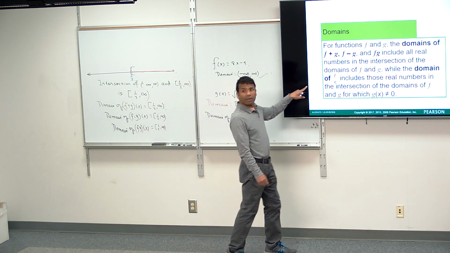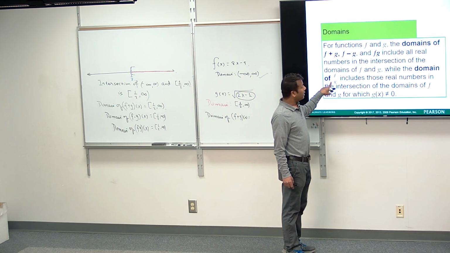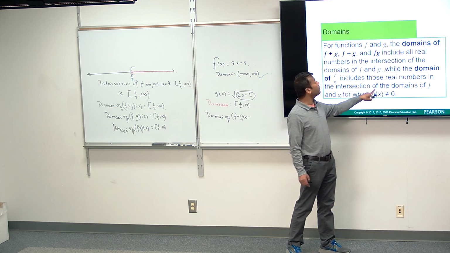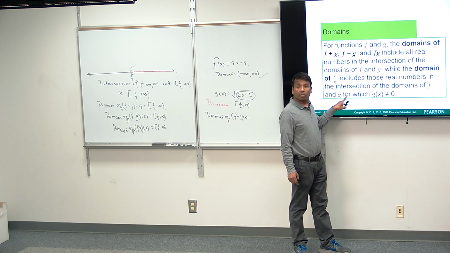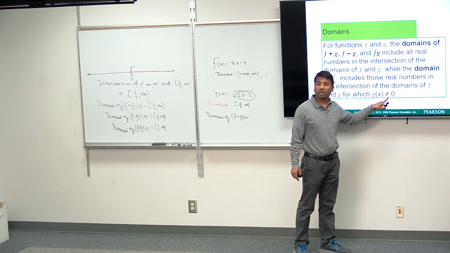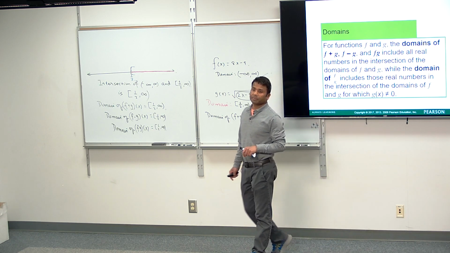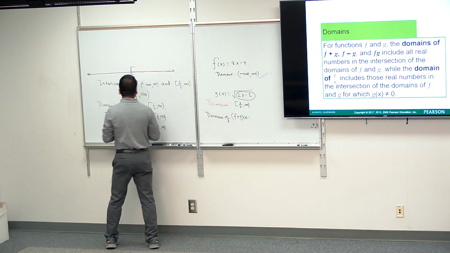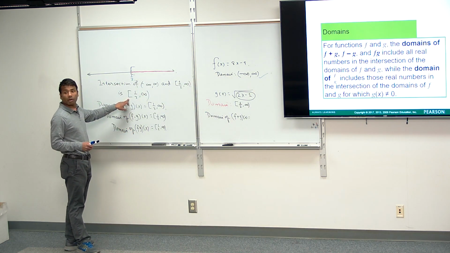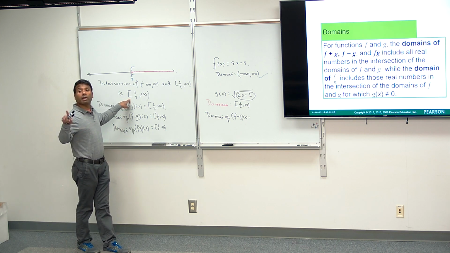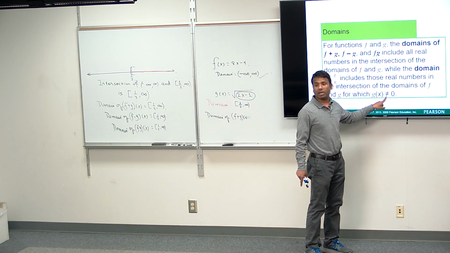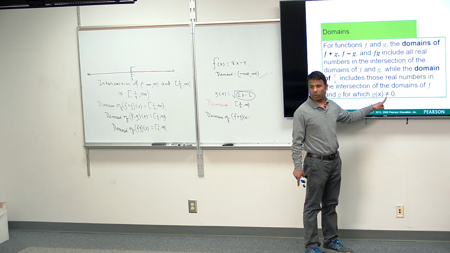The domain of f over g includes those real numbers in the intersection of the domain of f and g for which g(x) is not equal to 0. Did you see that? So what is the intersection of the domain of f and g? 1/2 comma positive infinity. Is that right? But you have to exclude those values of x that make g(x) 0. Because g(x) cannot be what? 0.